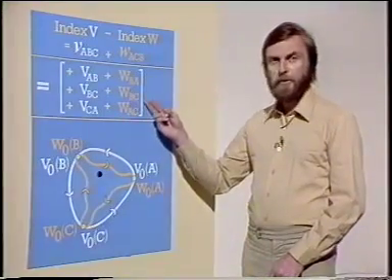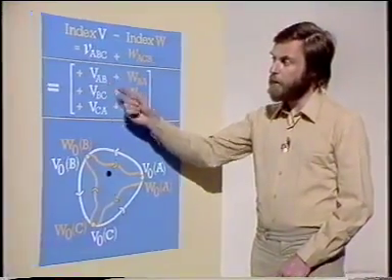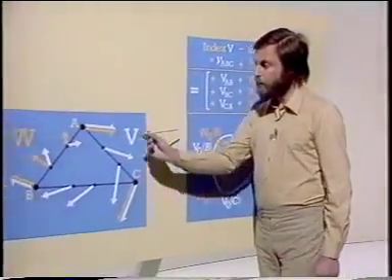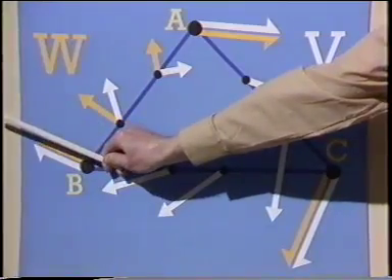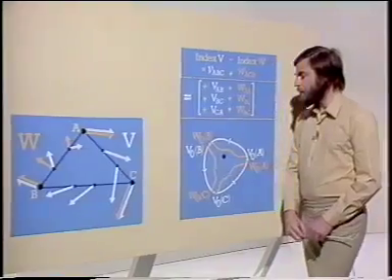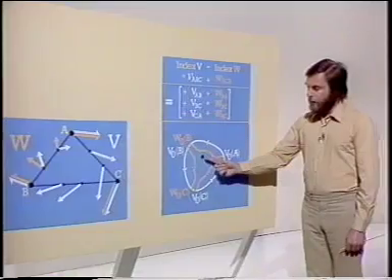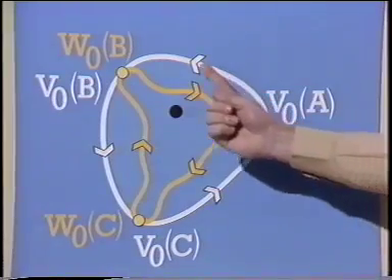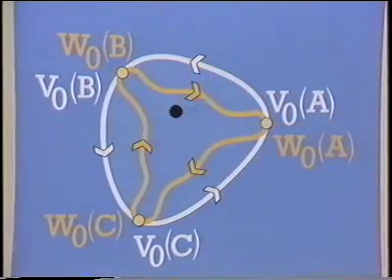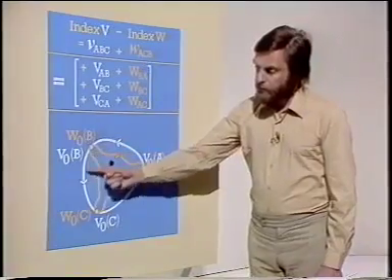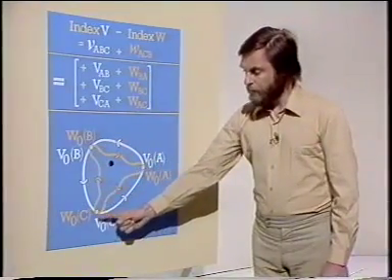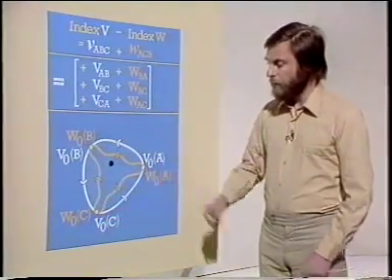Now let me explain these six terms. VAB denotes the variation in the direction of V's vectors as we travel from A to B. So it's the variation about this point along this part of the V loop between V0A and V0B. And similarly, VBC is the variation along here and VCA along here.